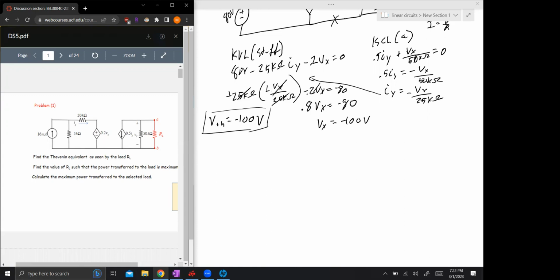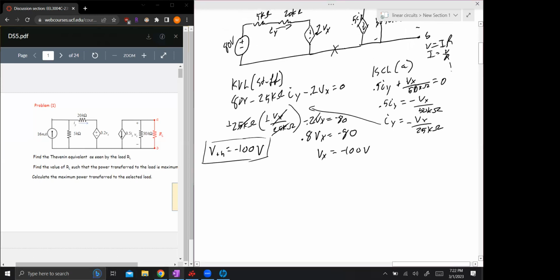And by creating the short circuit, you still leave everything in it, but then you just change the equation, and then you solve it from there, and then you solve for the short circuit current. Having the voltage and then the current, you can use that to calculate the resistance, as R is equal to V over I.